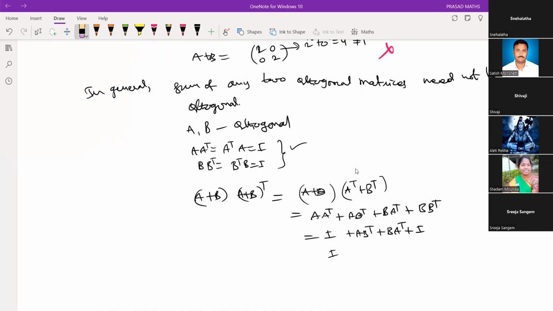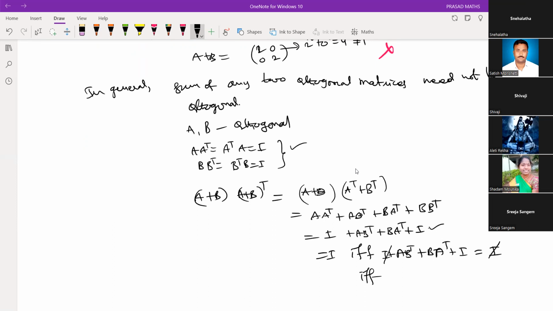But it is equal to I if and only if A B transpose plus B A transpose plus I equals the identity matrix. Matrices under addition form an abelian group, therefore it satisfies the cancellation law with respect to addition.